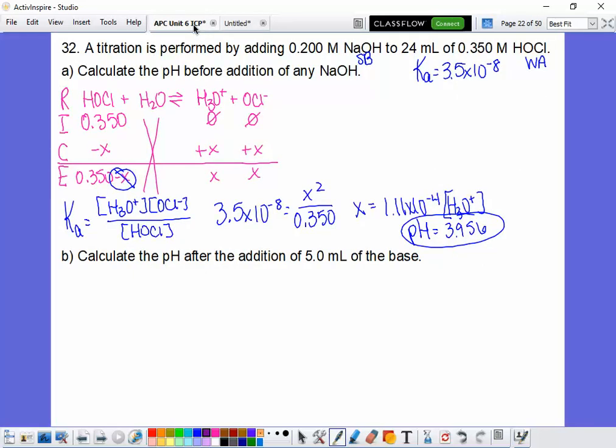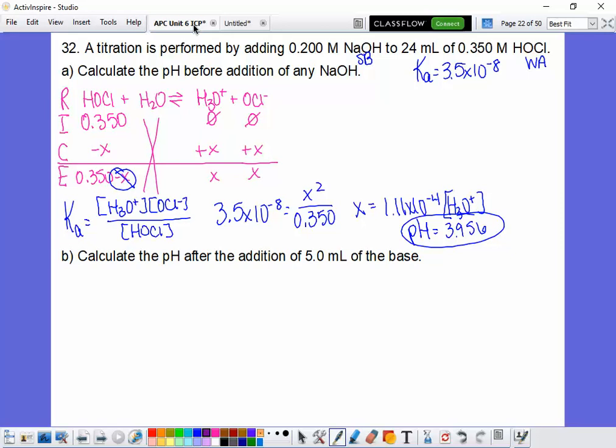So now we're going to start adding our strong base. When we add strong base to something that contains a weak substance, what type of problem is that? It's an invader problem. Titrations are just a bunch of invader problems.